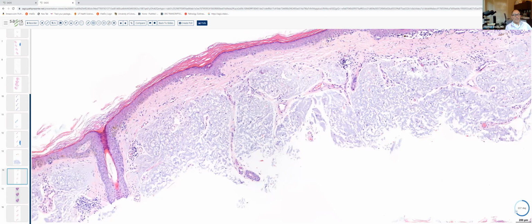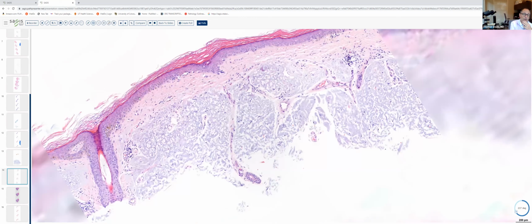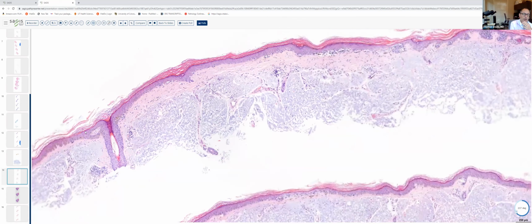Look at this lone nest over here. This is a lentigo maligna type melanoma in situ, or melanoma in situ on severely sun-damaged skin. Frequently, the epidermis is so thinned that one doesn't see appreciable upward scatter or pagetoid scatter of melanocytes along the dermal epidermal junction or within the overlying epidermis.